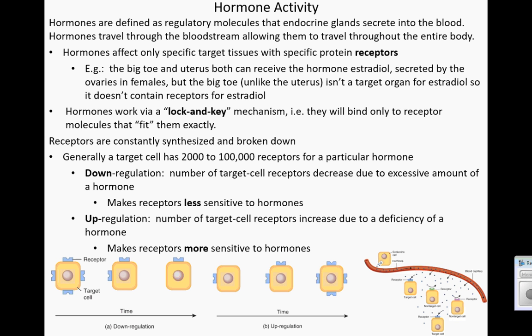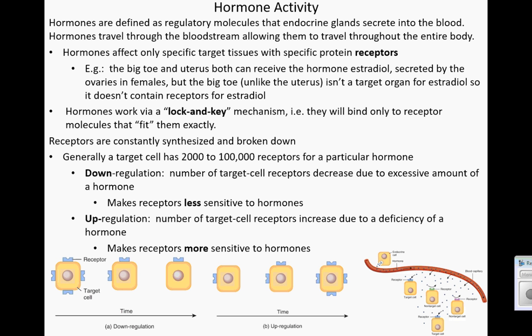Earlier in the semester, we described a lock and key mechanism with regard to enzymes and substrates. Well, the same relationship exists between hormones and protein receptors. Hormones, due to their shape, are only going to interact with cells that have the receptors for that hormone.